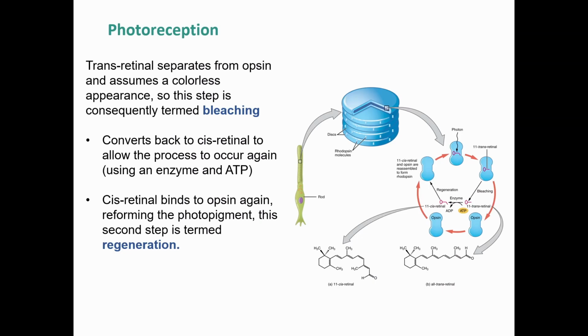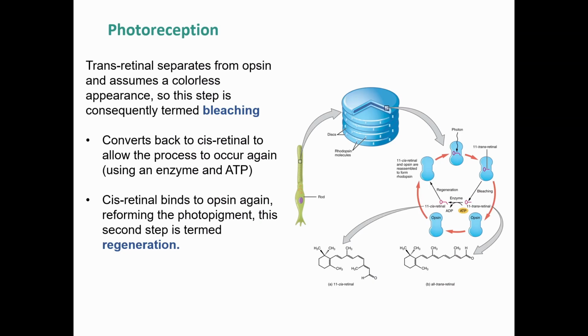Now, when we use an enzyme and we use ATP, we can convert from transretinol back to cisretinol. And then because we're back to cisretinol, that little bend is back in the molecule, we can form back with opsin, and we are now rhodopsin again. So we're basically seeing this back and forth of retinol with opsin, right?